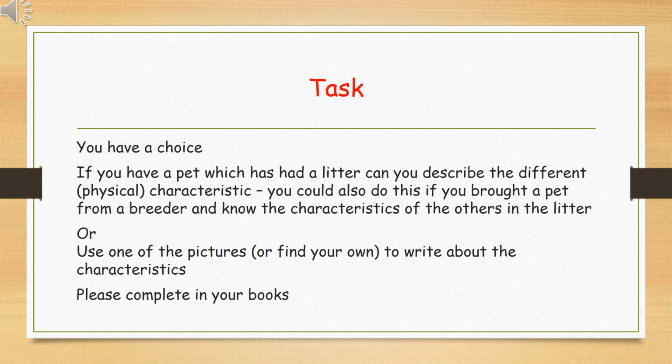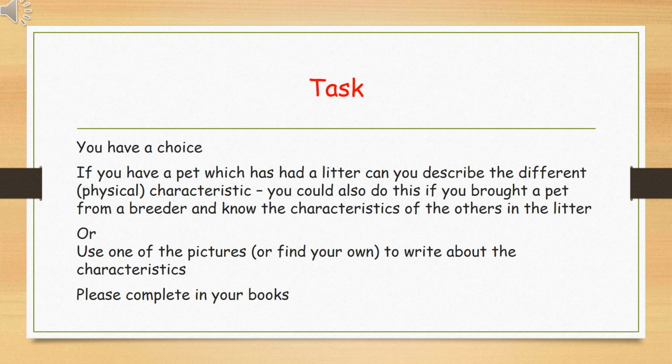So your task for today, you have a choice. You could either think about, if you have a pet which has a litter, can you describe the different physical characteristics? That could also be, if you've brought a pet from a breeder and you know the other animals which are in that litter, you can draw them and then label the physical characteristics.